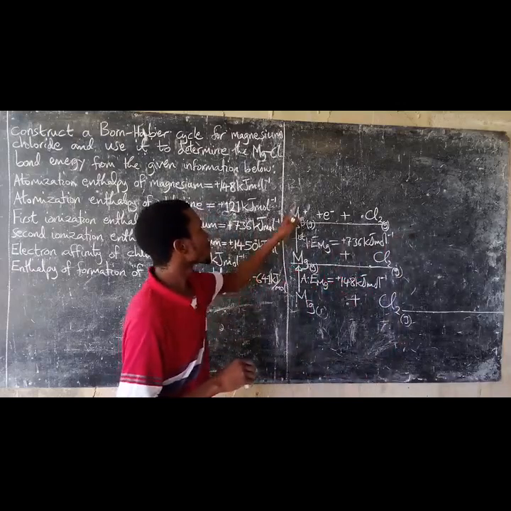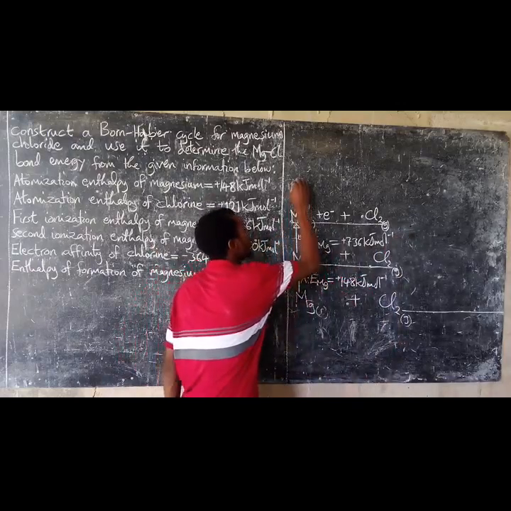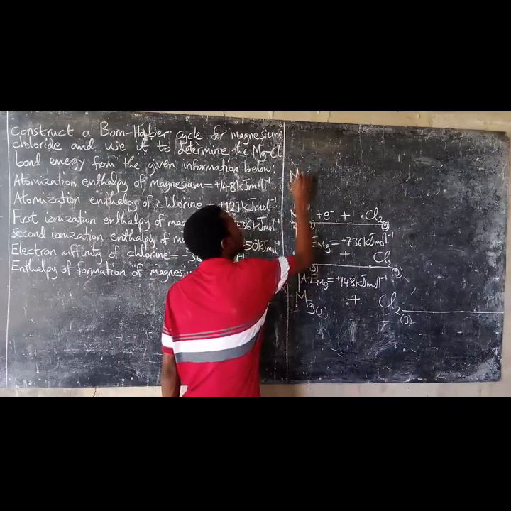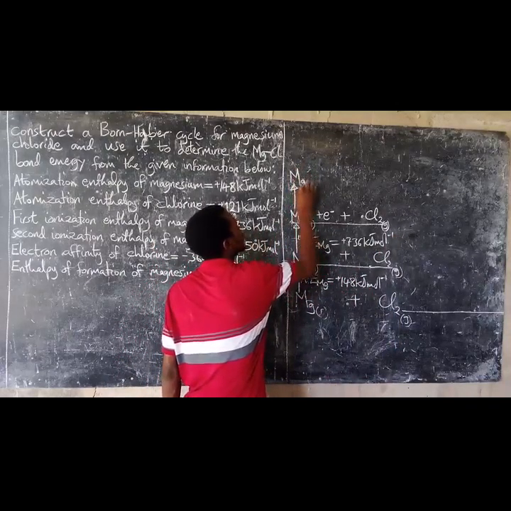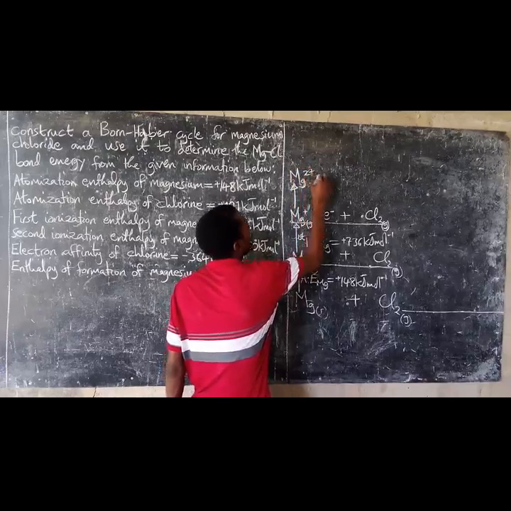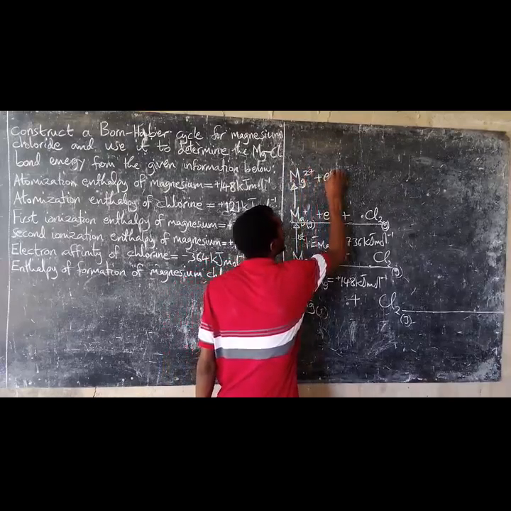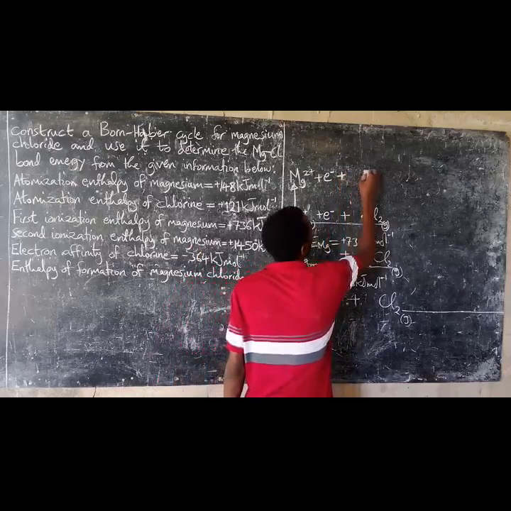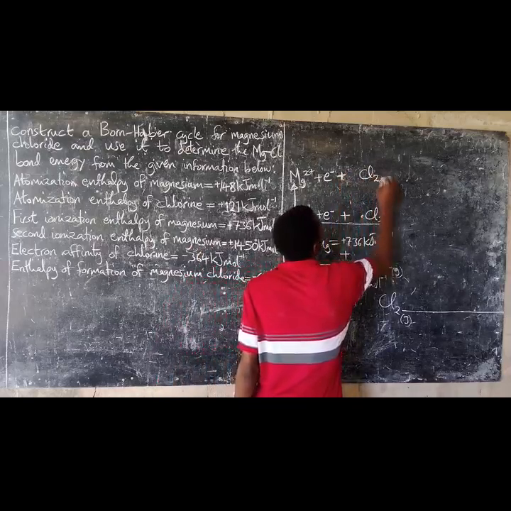Then magnesium has not reached an extent to react, so it absorbs another amount of heat energy, which is called the second ionization energy, which results in the loss of the second electron, plus chlorine. This is a gas.